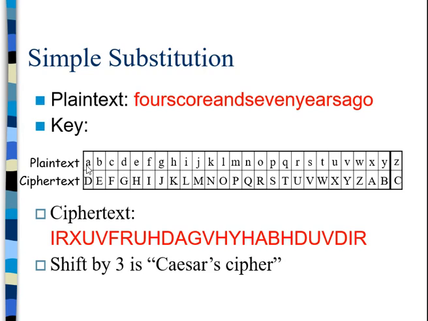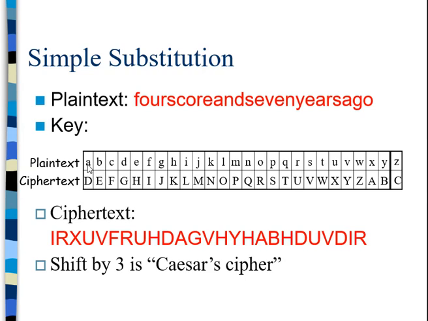Consider that each letter in the alphabet is replaced by another letter. We call it shifting. For instance, there is a method called Caesar's cipher, in which each letter of the alphabet is shifted by 3, as you can see in this table.